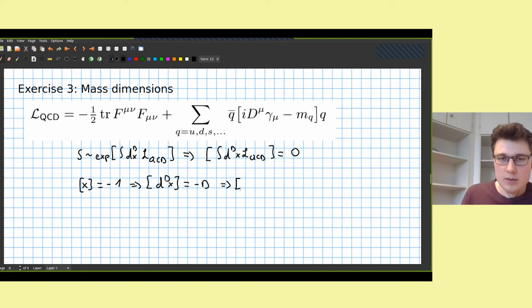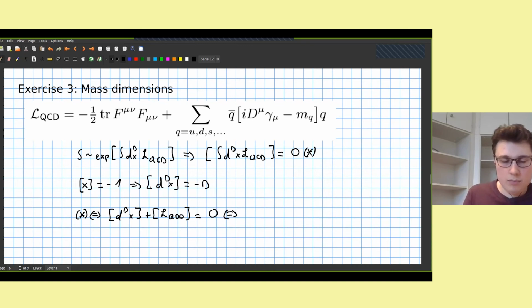And this means that, so let's give this a star here. So let me put it this way. The equation star is equivalent to saying the mass dimension of the integral measure plus the mass dimension of the QCD Lagrangian should be 0.